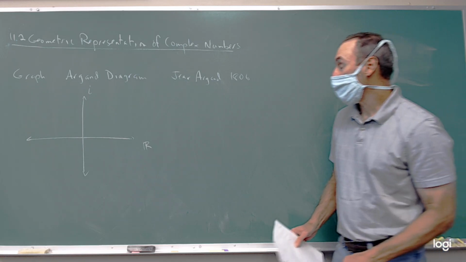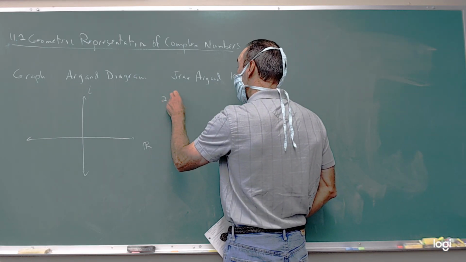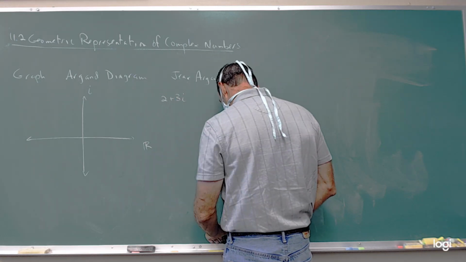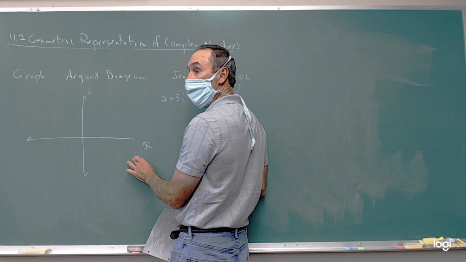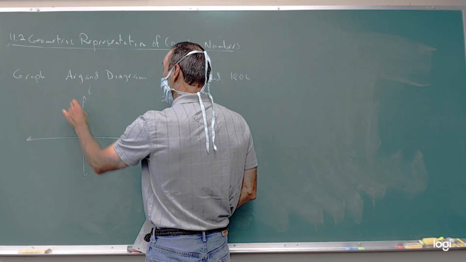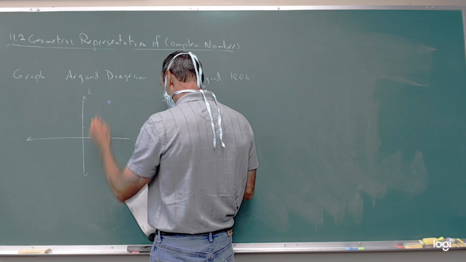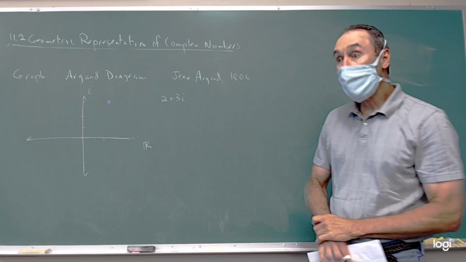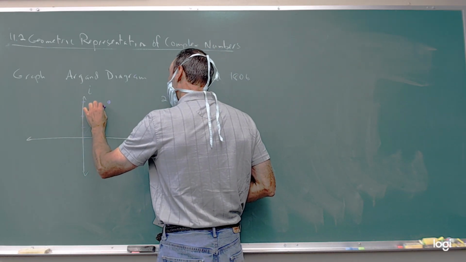So for example, if we have a complex number like 2 plus 3i, then we would graph that by going 2 in the real direction on the horizontal and 3 on the vertical. At various times, we can think of that as a point, or we can think of it as a vector.